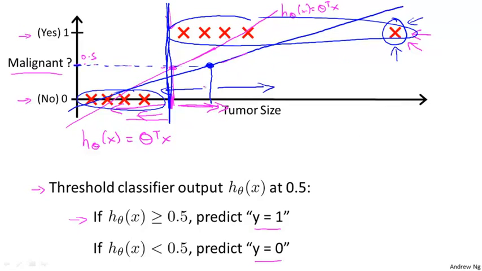So applying linear regression to a classification problem often isn't a great idea. In the first example, before I added this extra training example, linear regression was just getting lucky, and it got us a hypothesis that worked well for that particular example. But usually, applying linear regression to a data set, you might get lucky, but often it isn't a good idea. So I wouldn't use linear regression for classification problems.